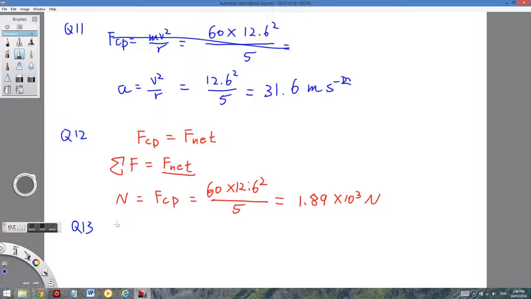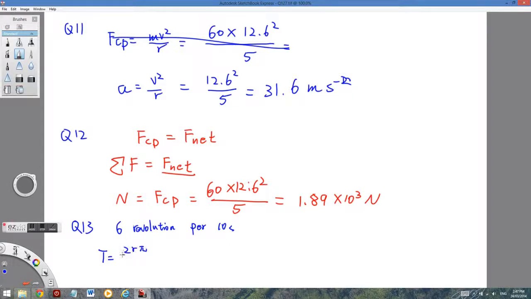So in 6 revolutions, the circumference of one revolution will be 2 pi r, times 6.